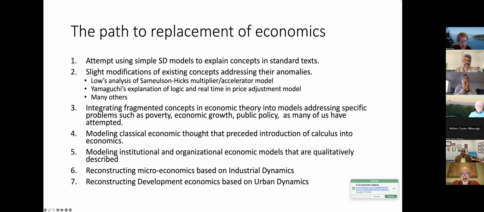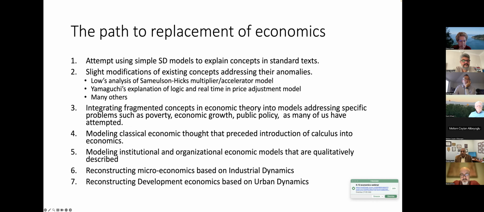Now, what is the path forward? I think the path forward is here. The two replacements proposed by Forrester can, of course, not happen overnight, as indeed he said in his response to my question.